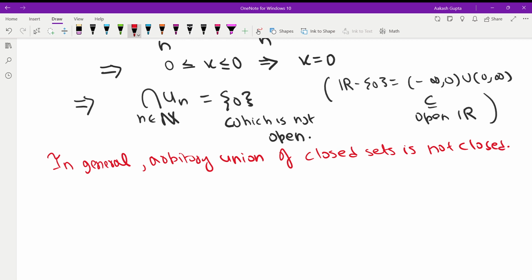Of course, a finite one is, but not the arbitrary one. So this I am leaving for you guys. Again, you have to use somehow this convergence of the sequence 1 upon n, and you will get your answer in the real line only. So please do it.